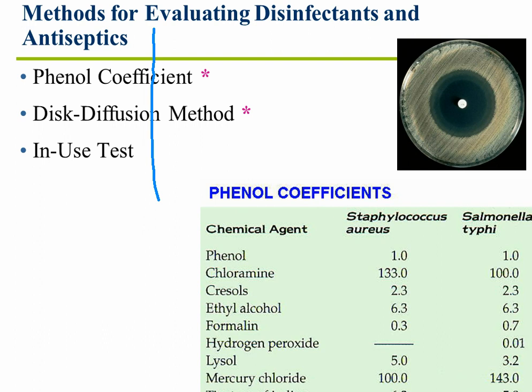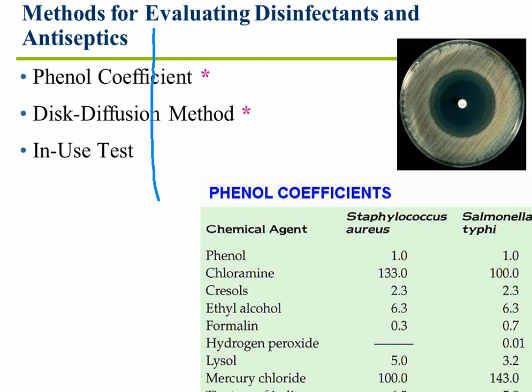Phenol is the oldest chemical used as an antimicrobial agent, so it's the one that all other chemicals are compared against. The killing ability of phenol is 1, and everything is compared to 1. Anything over 1, the higher the number, the more kill the chemical has compared to phenol. And anything less than 1, the lower the number, the less kill ability that chemical has compared to phenol.